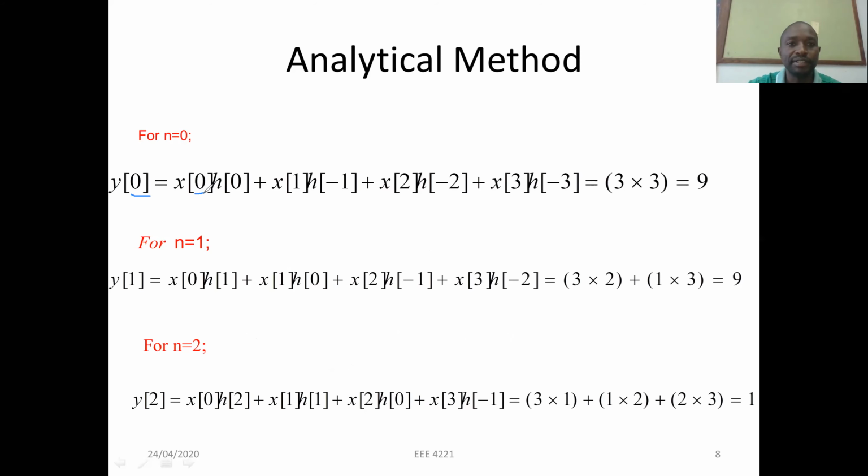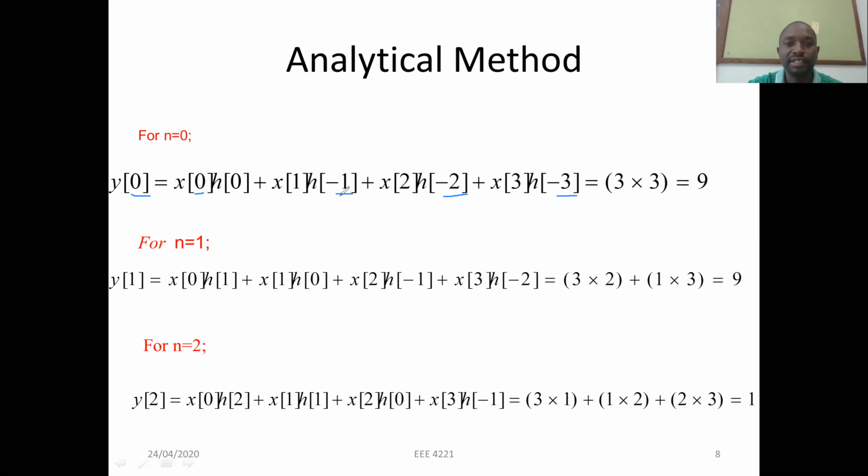Then we're going to get x of 0. Wherever we had n here, we put a 0, this will be -1, -2 and -3. Now, the next step is then we notice that in the sequence, we did not have h of -1.